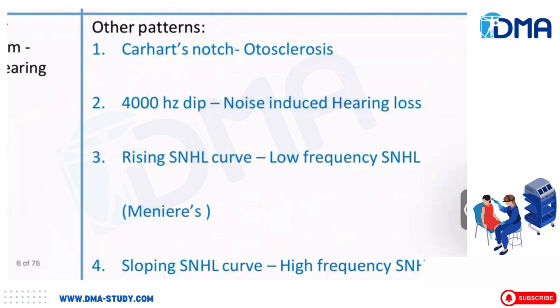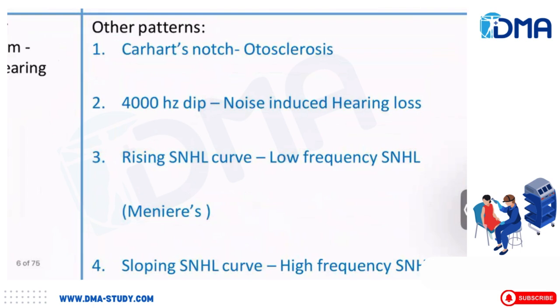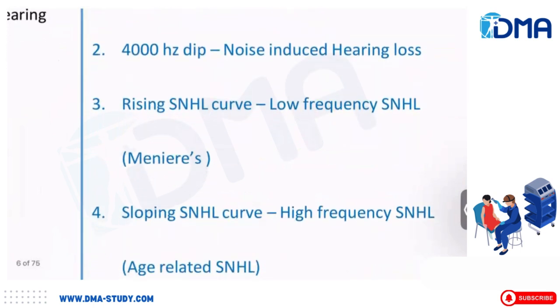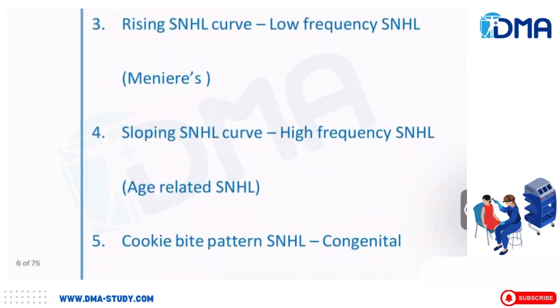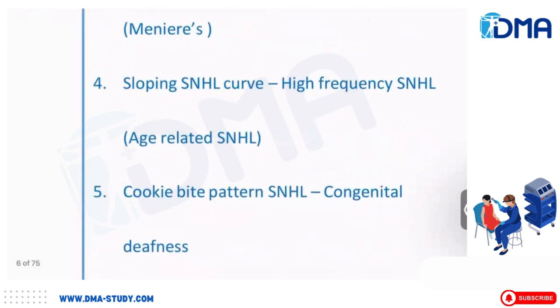Then low frequency sensory hearing loss is seen in Meniere's disease. Sloping or high frequency sensory loss is seen in age-related hearing loss. Cookie bite pattern is seen in congenital deafness. All the 5 are very important. They may ask as an MCQ.